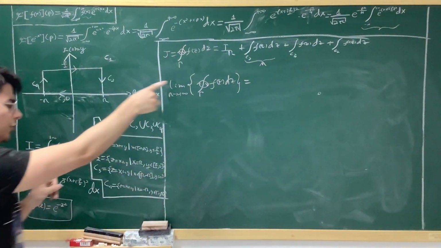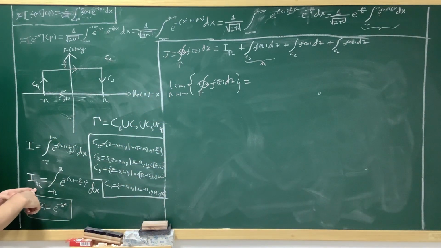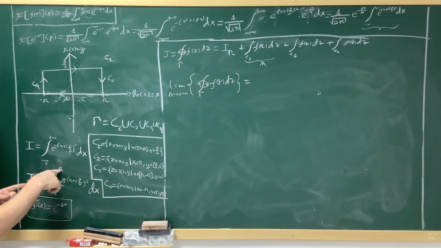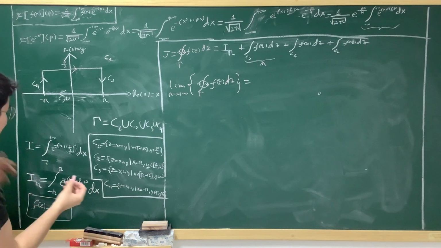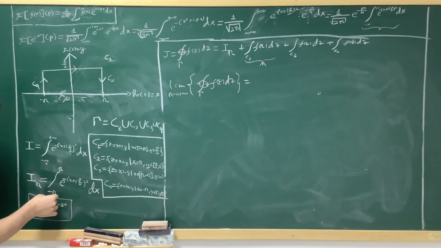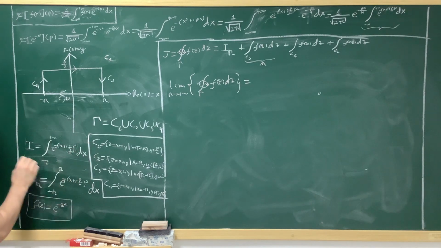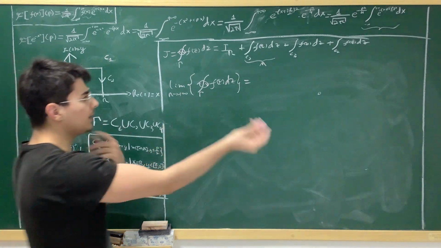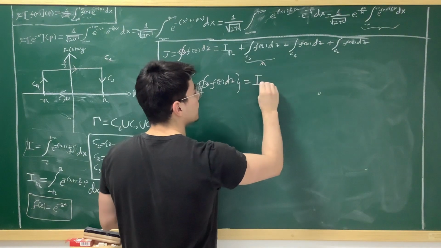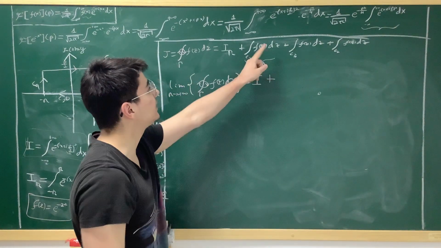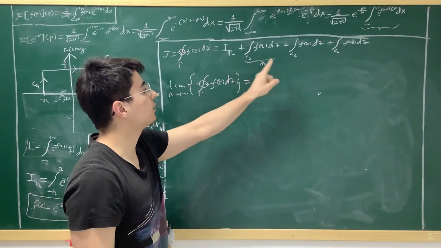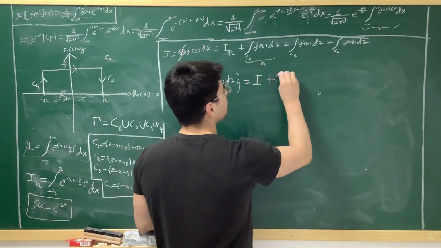Just notice that the limit of this integral when r goes to positive infinity is just the integral from minus infinity to positive infinity, which is our original desired integral. So instead of writing the limit, we can just write I. Plus the limit of this, which is m when r goes to infinity, is just 0.